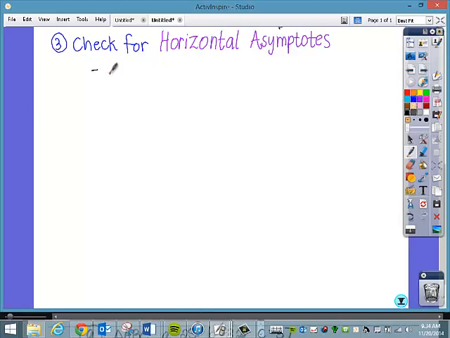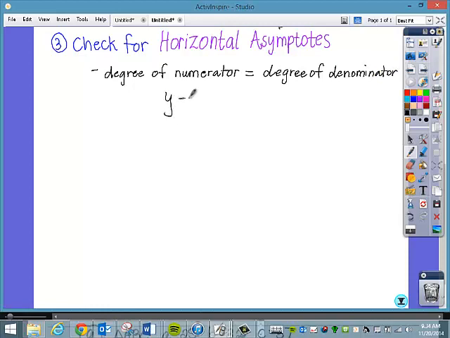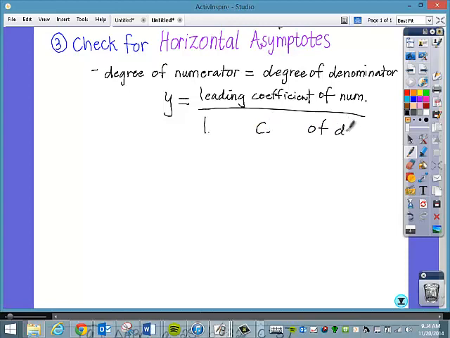So if the degree of your numerator is equal to the degree of your denominator, then your horizontal asymptote is y equals the leading coefficient of the numerator over the leading coefficient of the denominator.